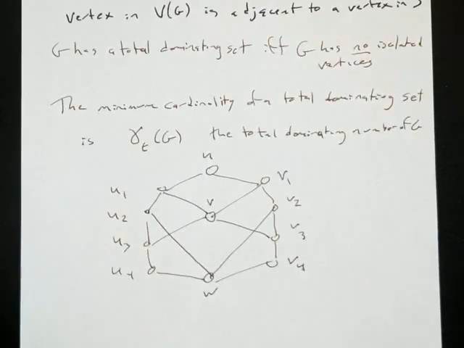We had both a dominating set and a minimum dominating set for this last time. What was the minimum dominating set for this? Say again?